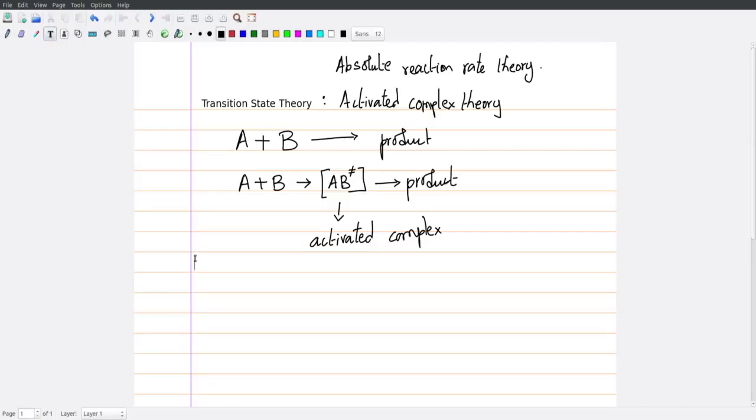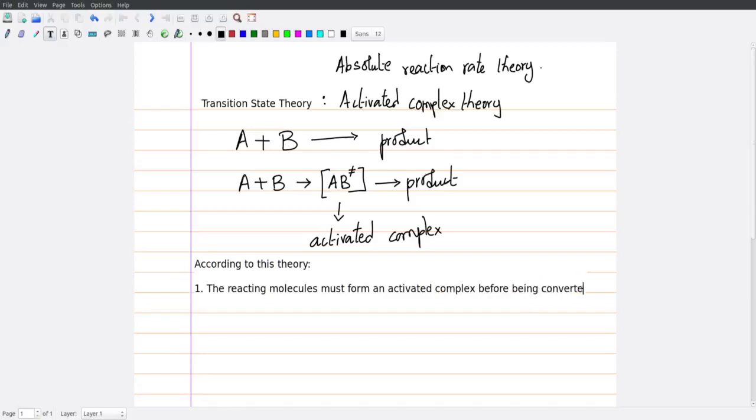The first point, according to this theory, is that the reacting molecules must form an activated complex before being converted to products.